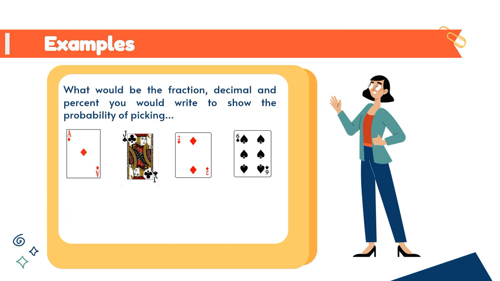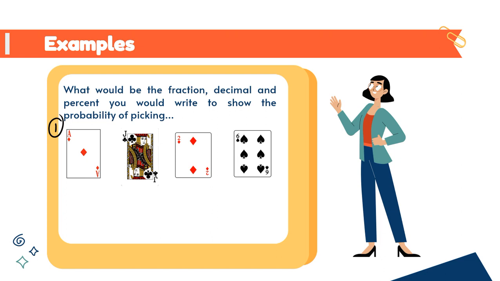Next, let's have the example. What would be the fraction, decimal, and percent you would write to show the probability of picking an ace? All the aces in a deck of cards. In our deck of cards, we have a total of 52 cards. And what are we picking?